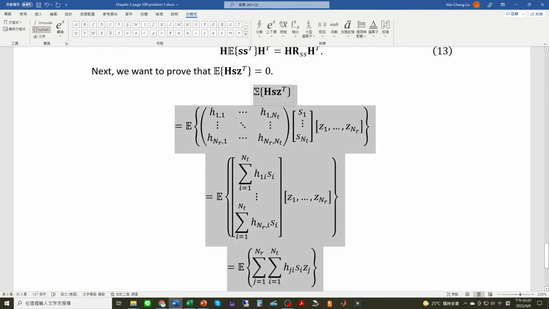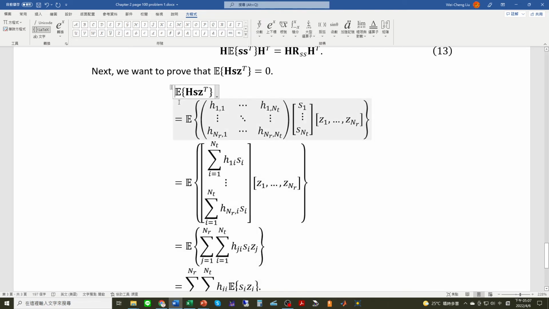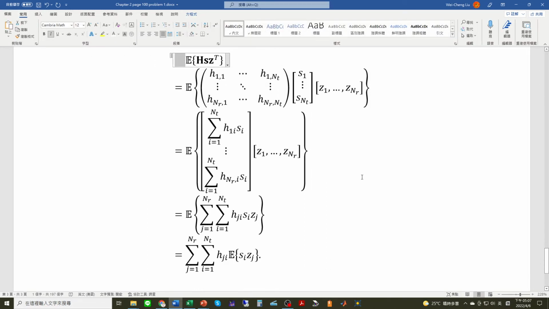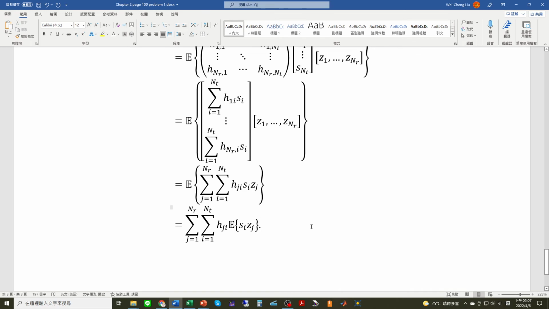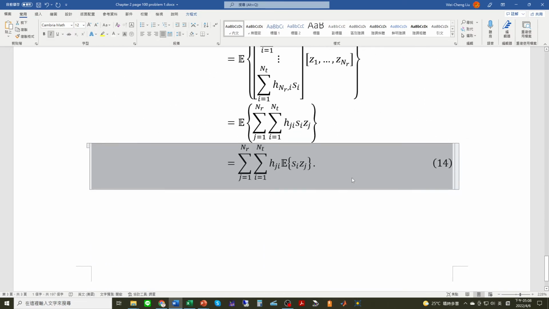Let me align at the equality sign and add an equality sign here. Okay, so we call this equation 14. Okay, good.